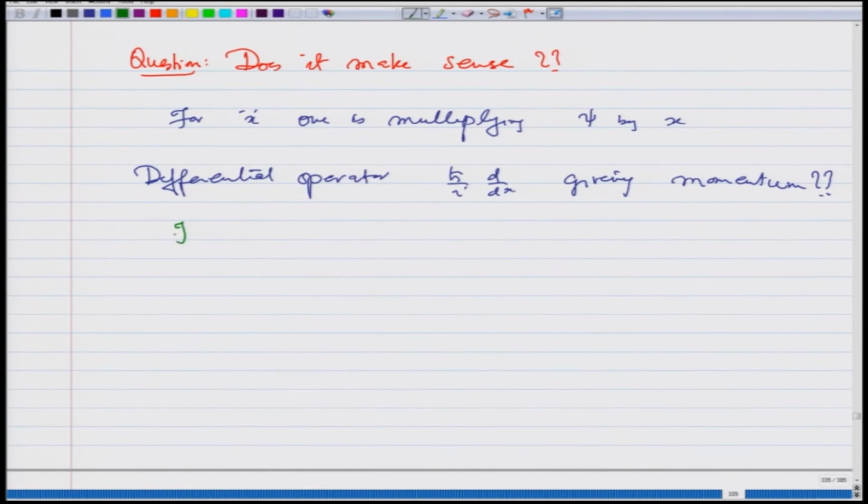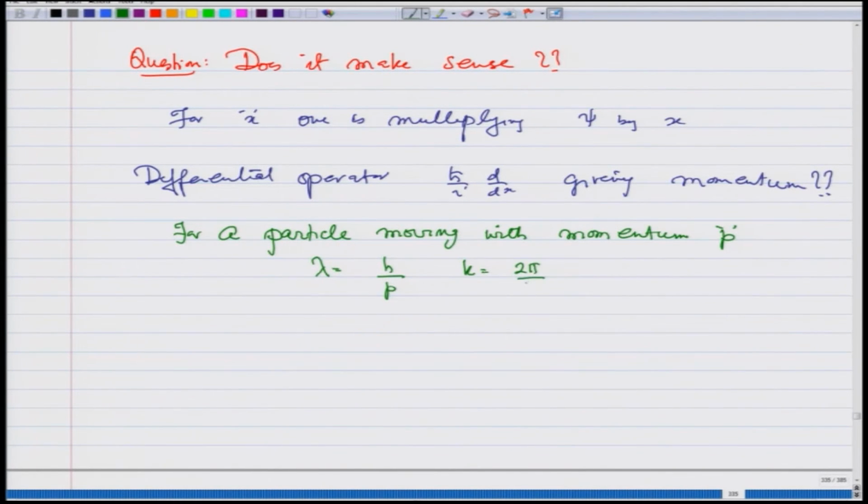Recall, for a particle moving with momentum p, the wavelength is h over p, k which is 2 pi over lambda is 2 pi over h p, which is p over h cross, and the static part of the wave function is e raised to i k x, psi x. It is a plane wave for a fixed momentum.